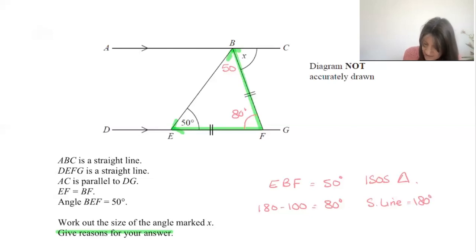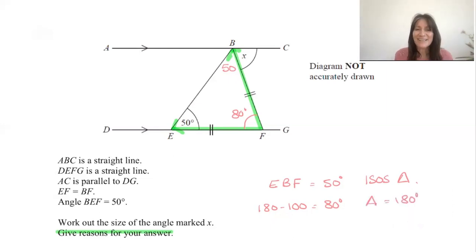That 180 appeared for a reason, and that's what they want us to explain. What am I saying straight line for? It's not a straight line at all, is it? Apologies. Oh, honestly, it's angles in a triangle, isn't it? So triangles equal 180 degrees.